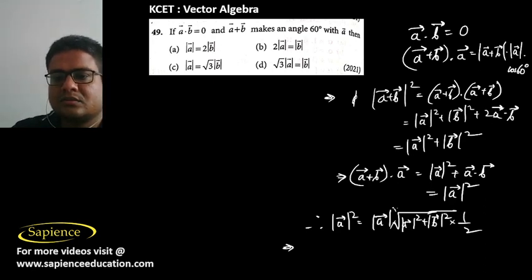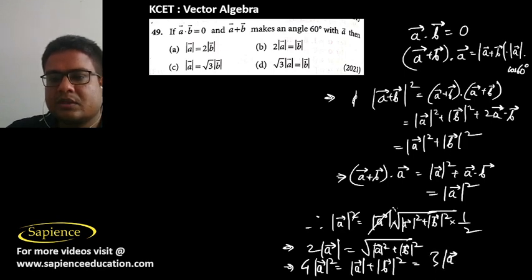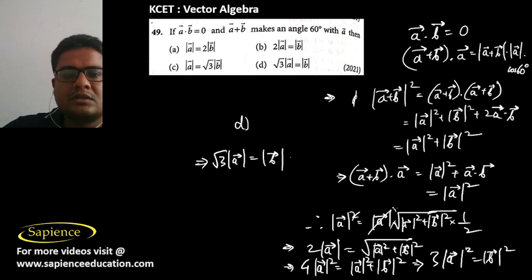So then mod A will cancel. So then you can write 2 mod A is equal to square root of mod A square plus mod B square. Now if you square on both sides, then you will get 4 mod A square is equal to mod A square plus mod B square. Therefore, I can write 3 mod A square is equal to mod B square. Now if you take square root on both sides, then you will have root 3 mod A equal to mod B. Option D is the correct answer.